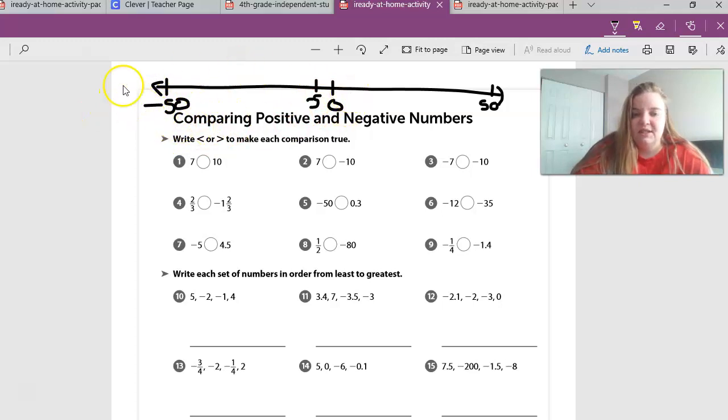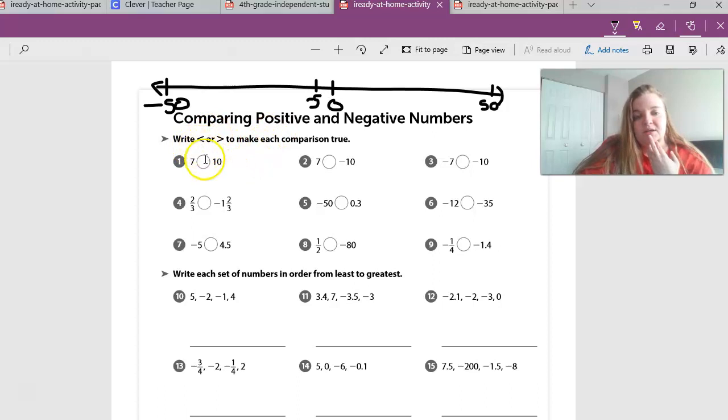So when we use the negative symbol in front of a number, if the number would usually look like it's smaller, it's bigger if it's negative. So negative 5 is bigger than negative 50, okay? But 50 is more to the right, so 50 is bigger than negative 5.